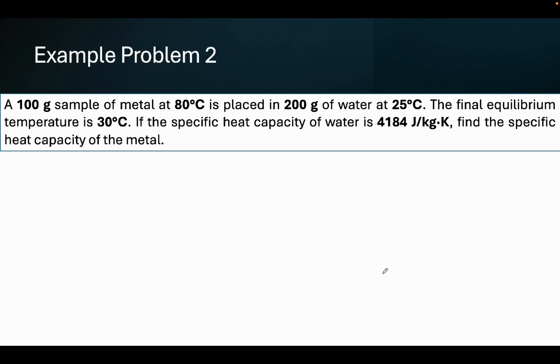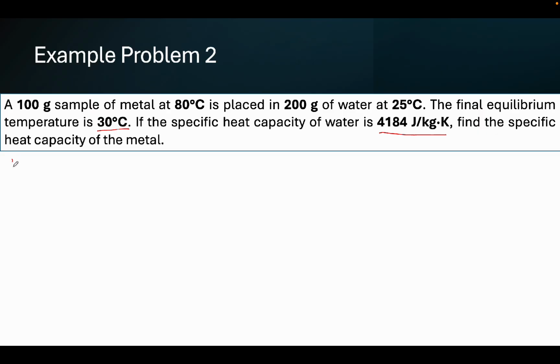The final equilibrium temperature is equal to 30 degrees Celsius. Now, if the specific heat of water is 4,184 joules per kilogram times Kelvin, find the specific heat capacity of the metal. Okay. Now, before we proceed, we will first identify the given values.